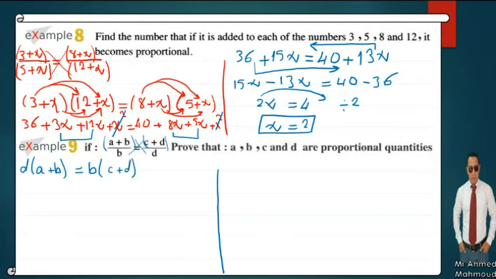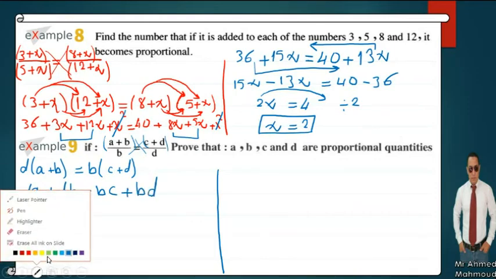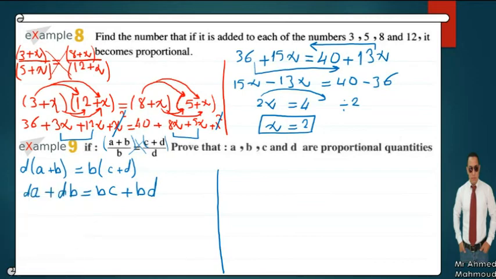I will distribute, then da + db = bc + bd. Here we have bd and bd on both sides, so I will cancel bd with bd.